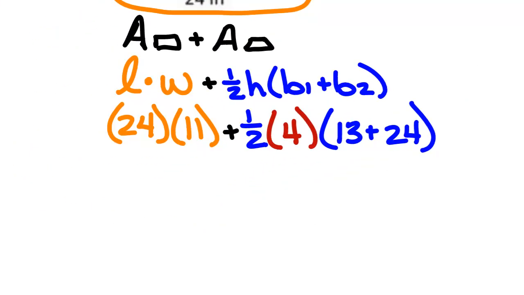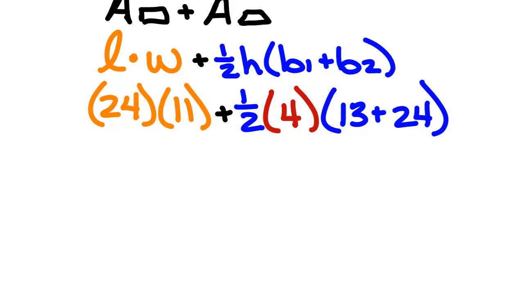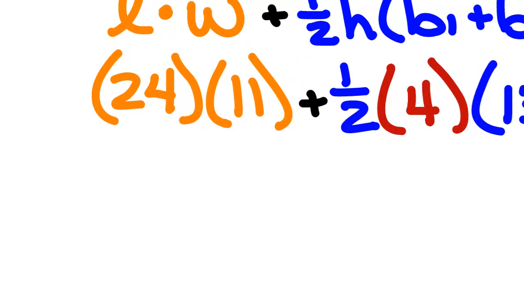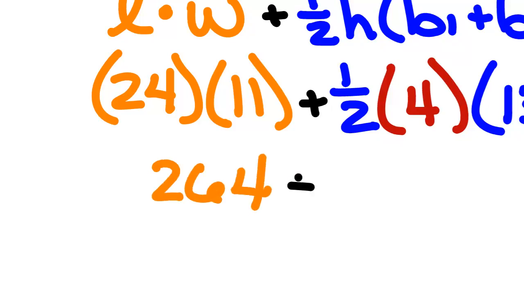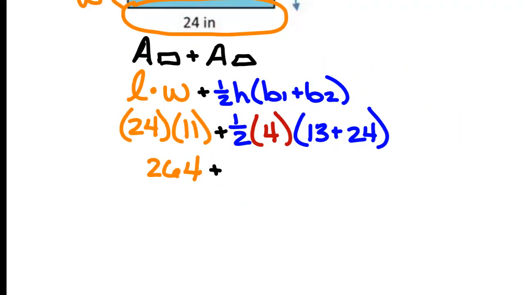All right, so the first thing I do is 24 times 11, which gives me 264. 1/2 times 4 times 13 plus 24 gives me how much? 1/2 times 4 times 13 plus 24. 74.